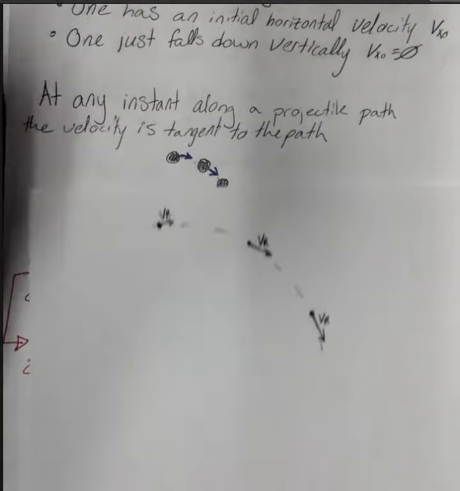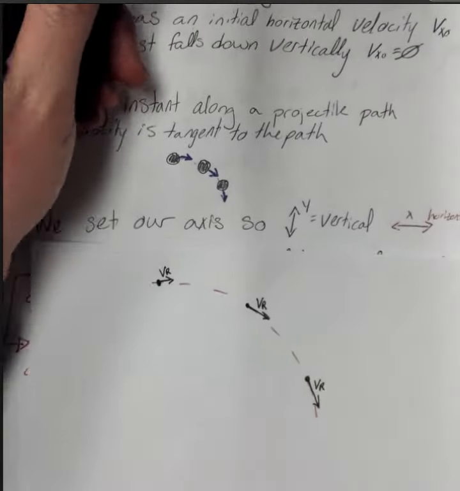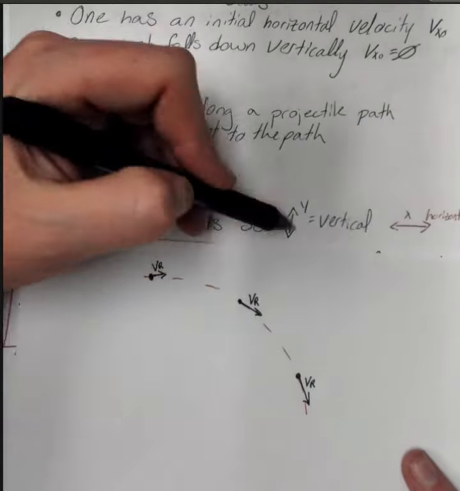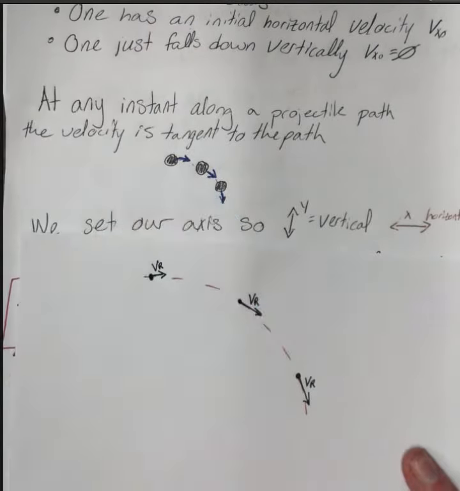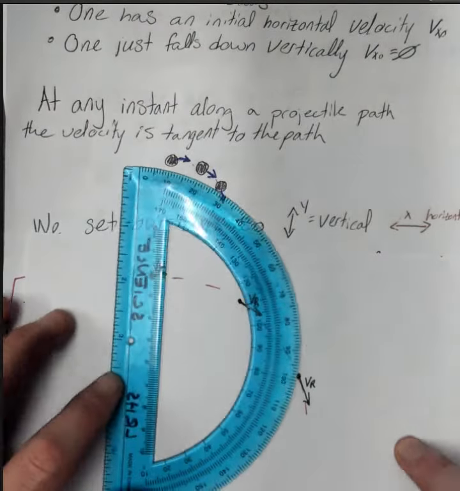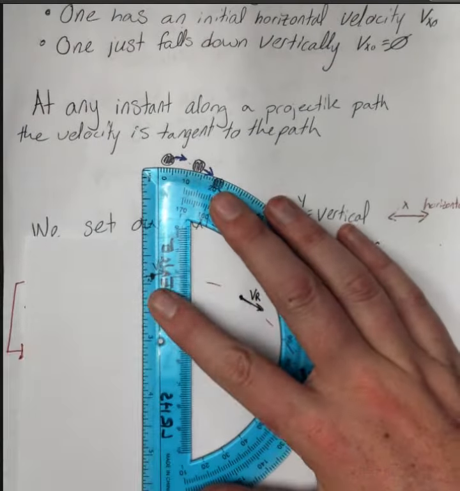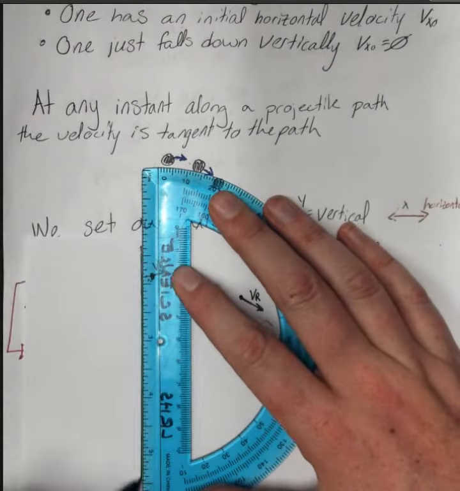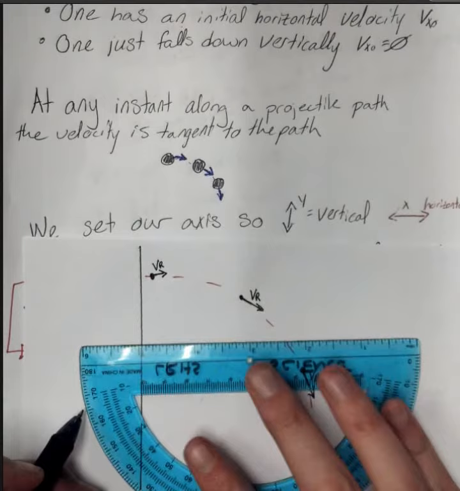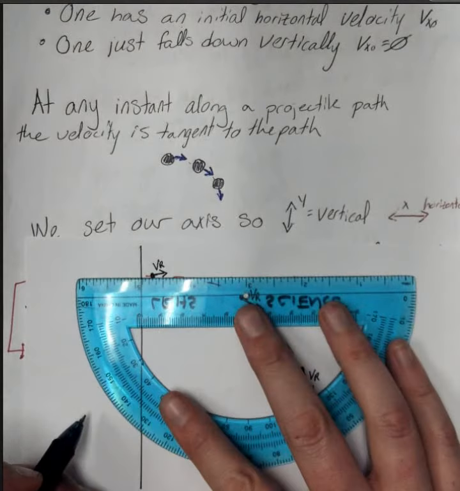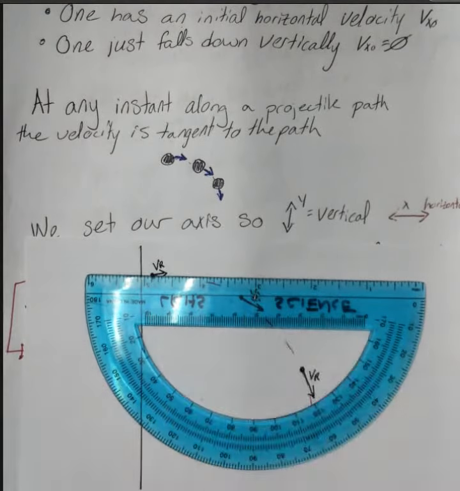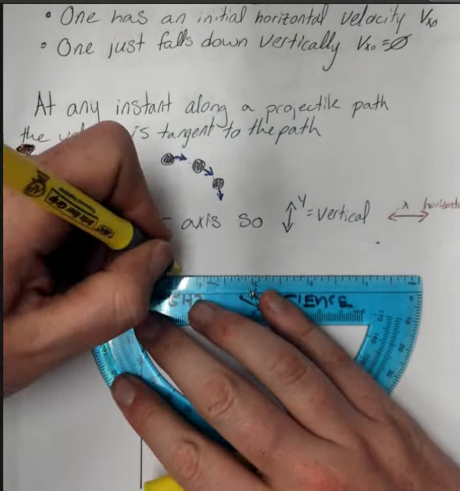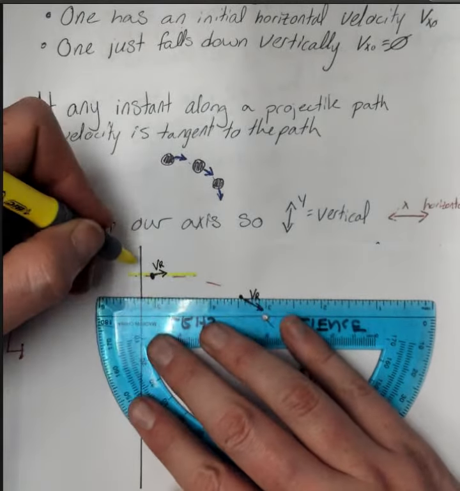That's always going to be true. So as long as we set our axis so that y is always vertical and x is always horizontal, here, look at this. And we could do either a separate x-axis for each one that we want to consider, which is sometimes helpful for visualization in these problems.